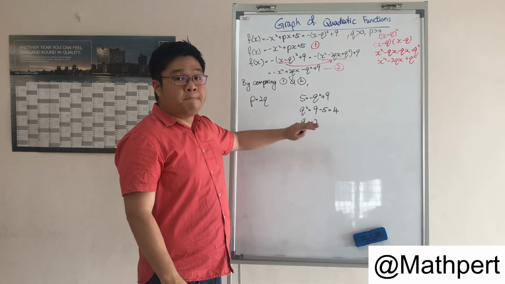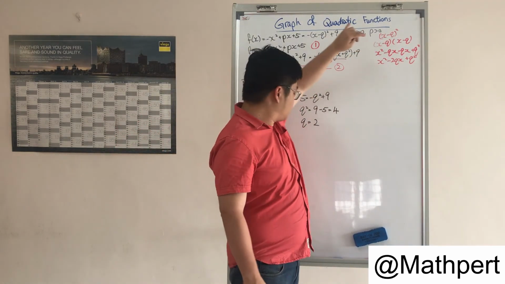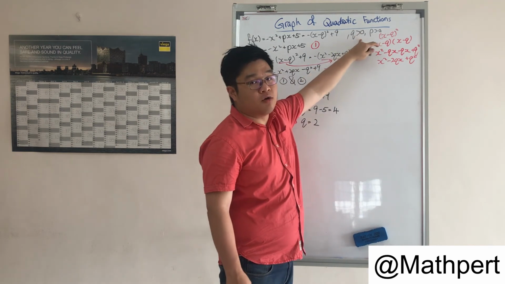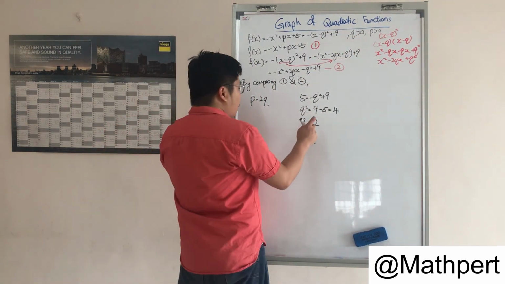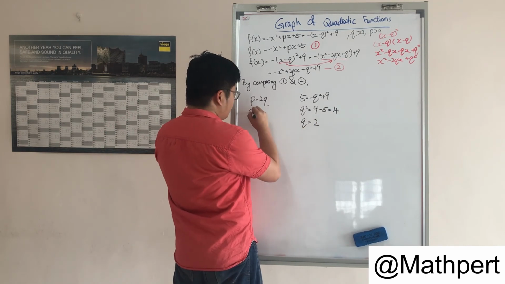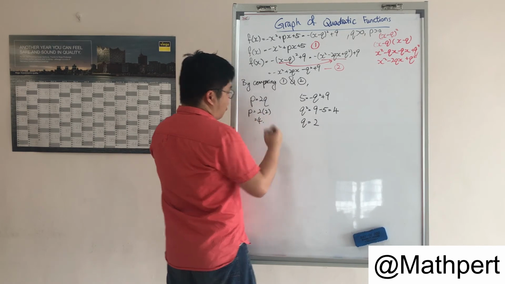We only look for positive 2 because in my questions q is bigger than 0. So negative 2 will be ignored. So when q equals 2, p equals 2 multiply 2, we get 4.